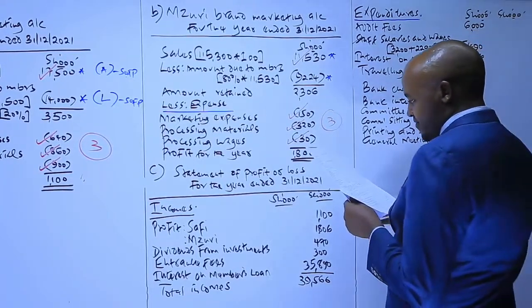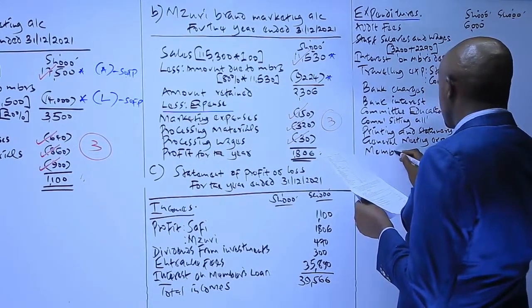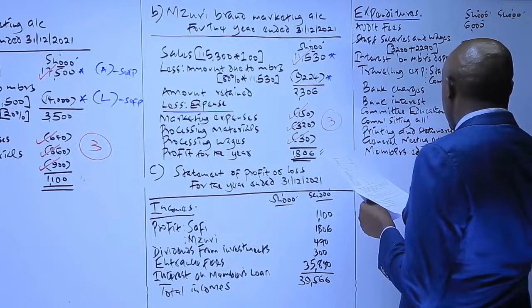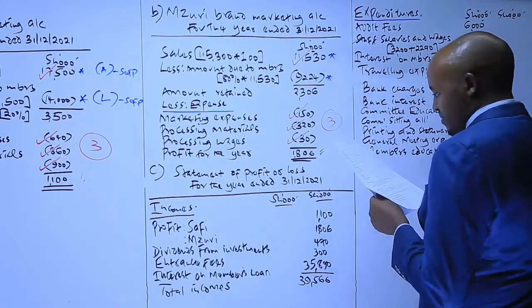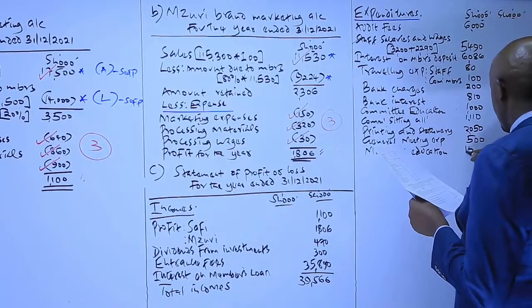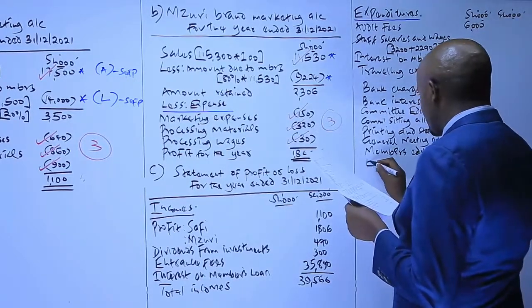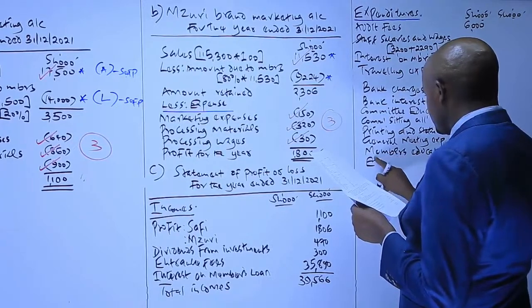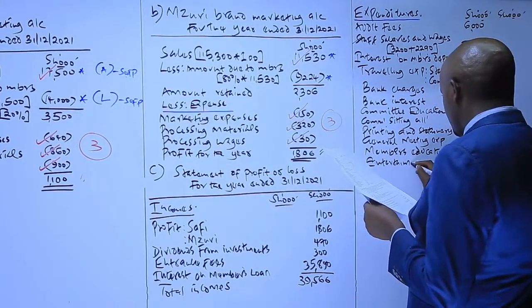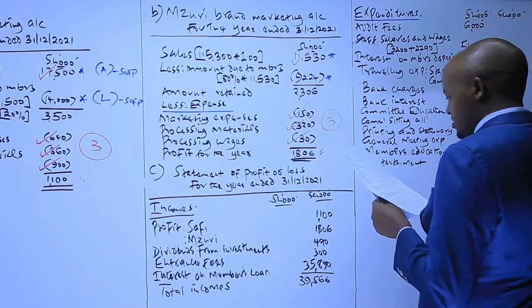Below that we have members' education, which is a figure of 1,500. And then below that we have entertainment, a figure of 50.